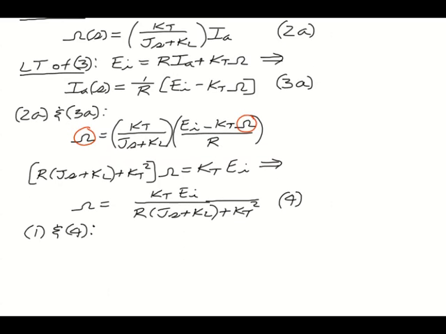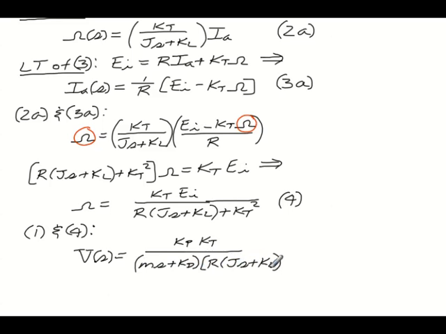and what we get here is V_s, the Laplace transform of the speed, is equal to K_p K_t divided by (K_d, the drag coefficient, times the whole quantity here of R times (J s plus K_L) plus K_T squared).